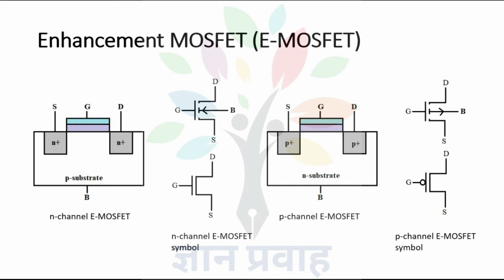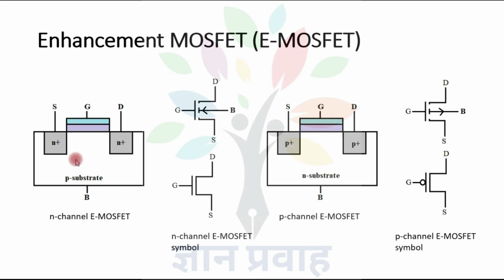Enhancement type MOSFET or eMOSFET. Enhancement type MOSFETs are normally off devices. It means there is no current conduction when we apply power supply without application of the input voltage or VGS voltage. The physical structure for N-channel eMOSFET is given here and P-channel eMOSFET is given here.